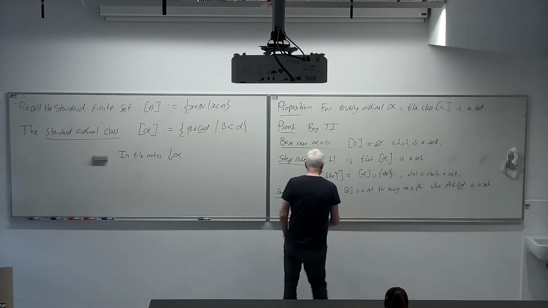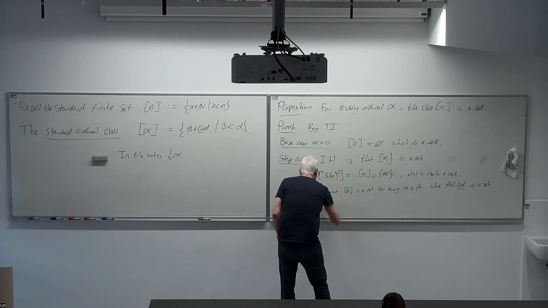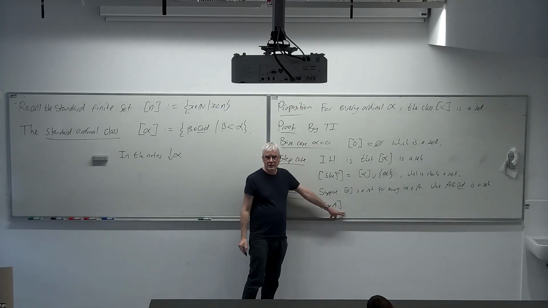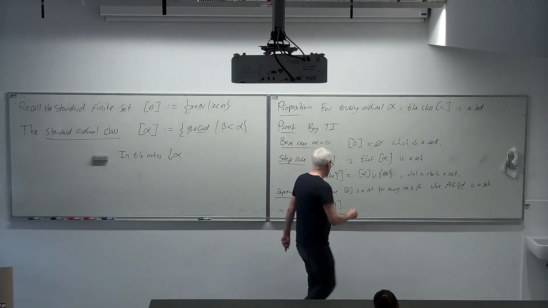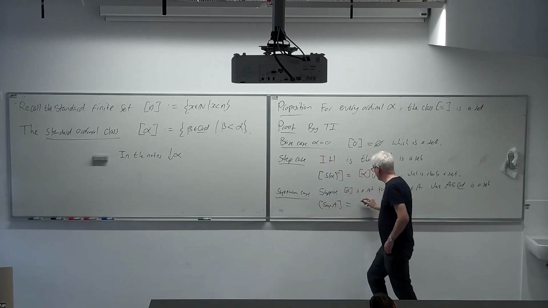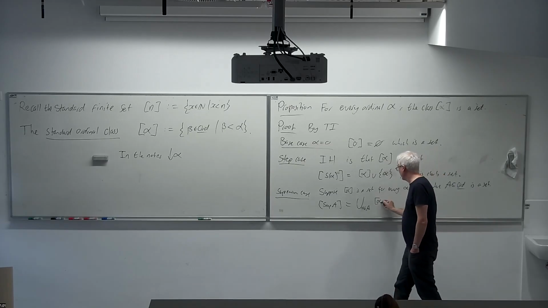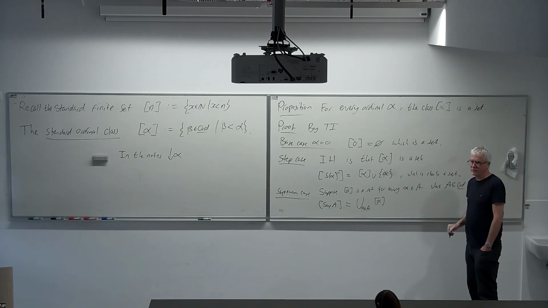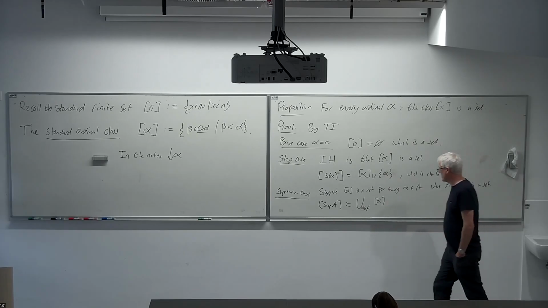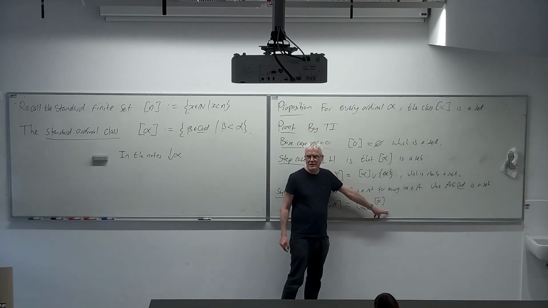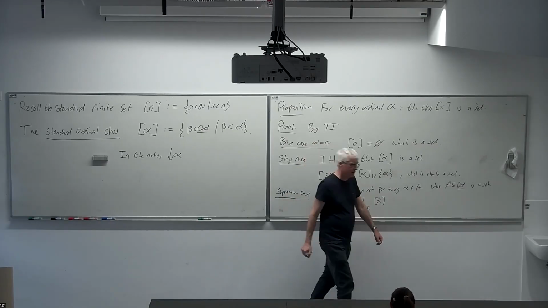In this case, the set of ordinals strictly below the supremum of A is simply the union over all alpha in A of the sets of ordinals strictly below each alpha. And A is a set, and it's a set-indexed union of sets, so again a set.